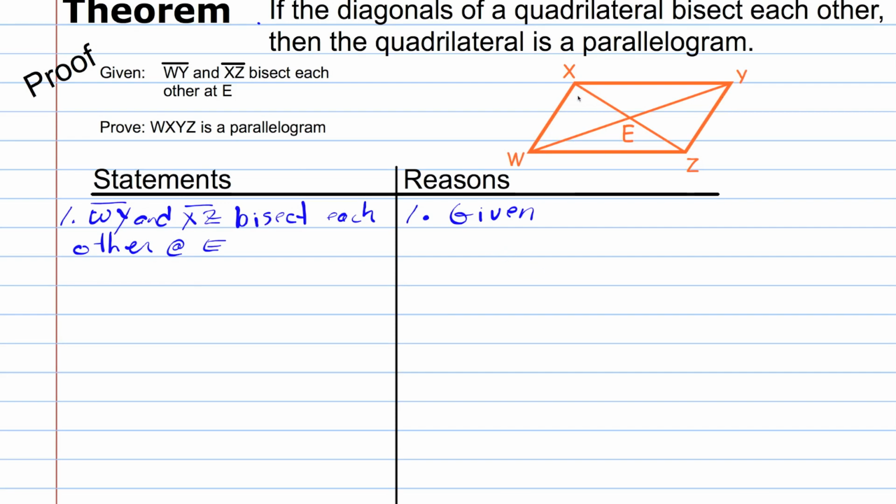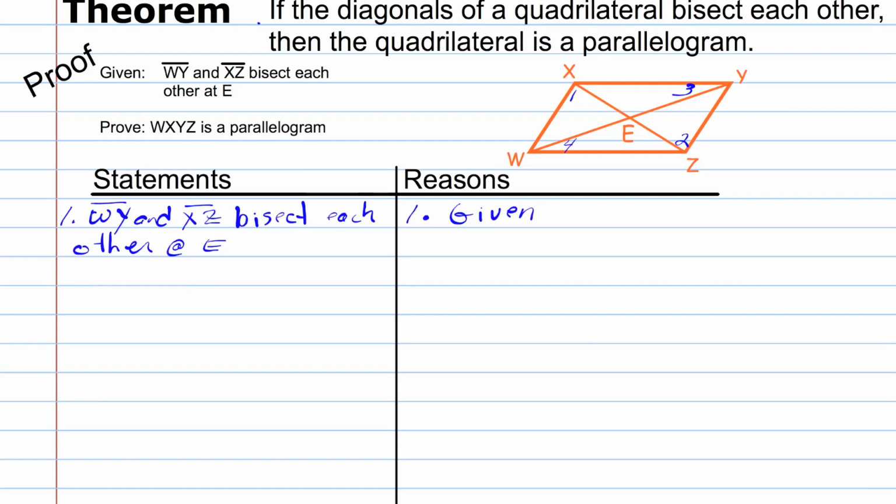Alternate interior angles would be here and here, what I'm going to label angle 1 and angle 2. If we can prove those two angles are congruent, then WX and ZY would be parallel. If we take a look at the other pair of opposite sides, XY and WZ, the alternate interior angles we're going to be working with are here and here, 3 and 4.